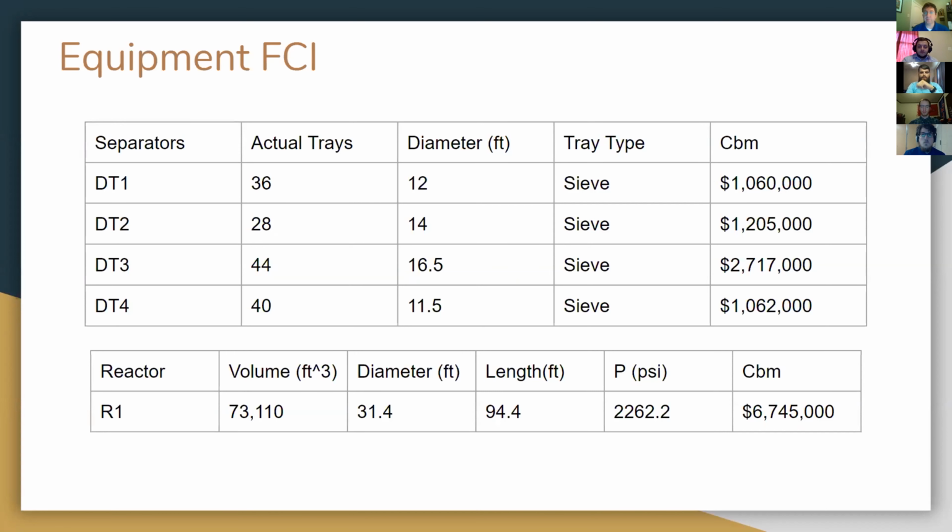Then our reactor: you can see its volume is 73,000 cubic feet, diameter about 31 feet, and the length, it's a horizontal plug flow reactor vessel, about 94.5 feet, and it costs about $7 million.